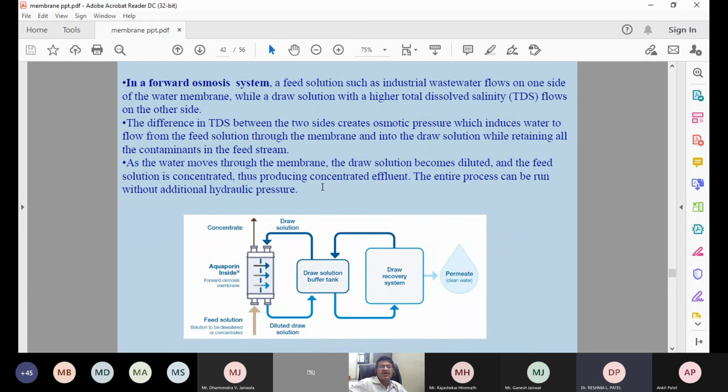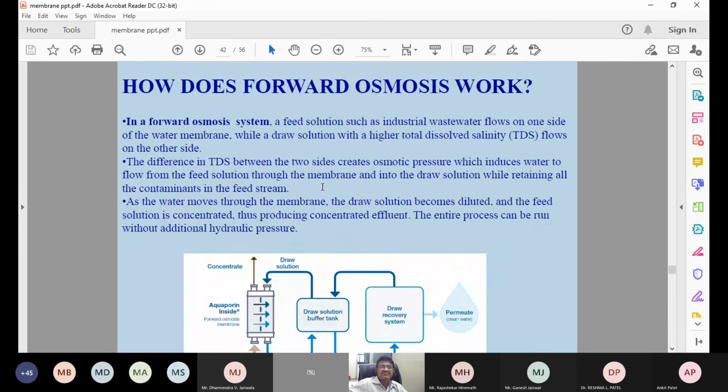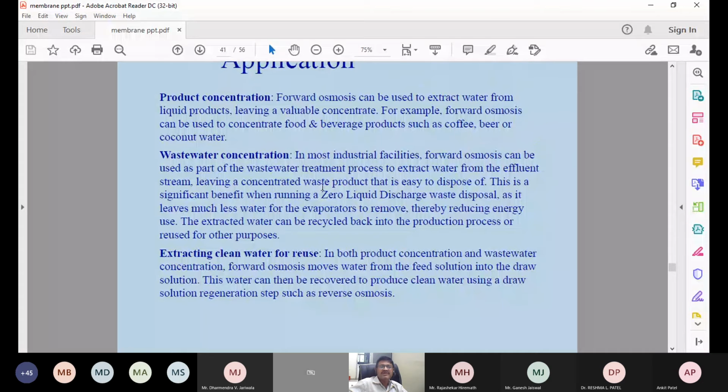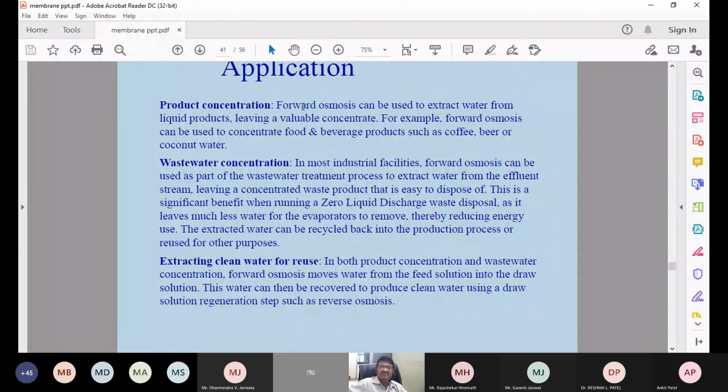Now forward osmosis is very helpful in applications like product concentration, if you want to concentrate food or beverage products like coffee, beer or coconut water. Then in industrial facilities where you want zero liquid discharge, there also you can use this, because you can concentrate your discharge.